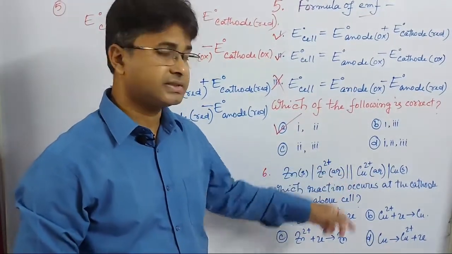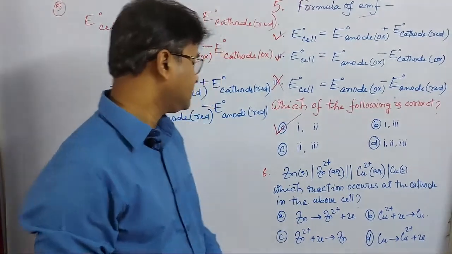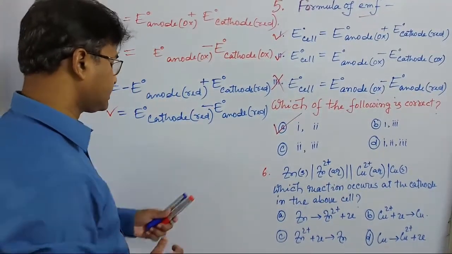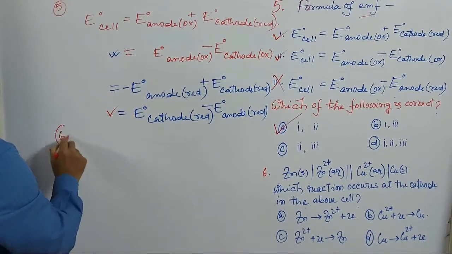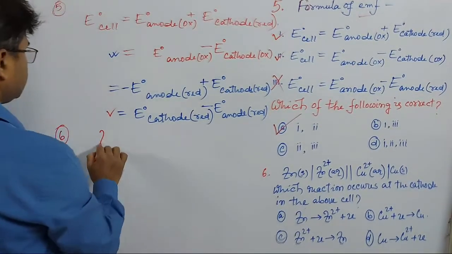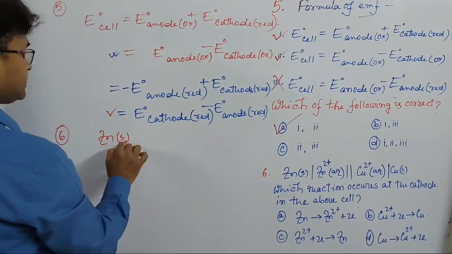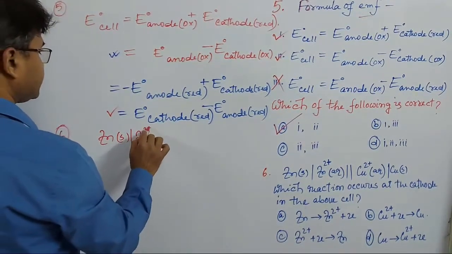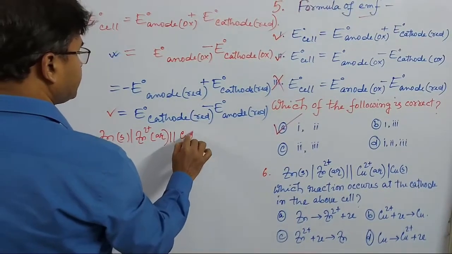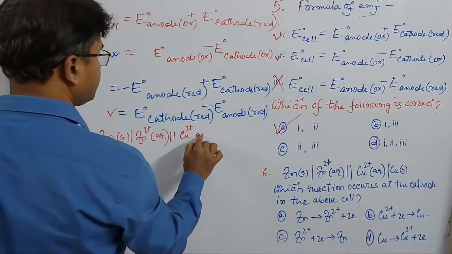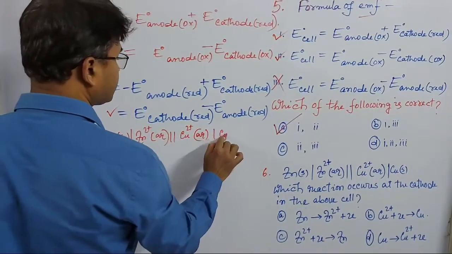That's why two straight lines are given here. Now my question, first I would like to show you the anode and cathode reaction. Here the cell is zinc solid, Zn2 plus aqueous, and copper 2 plus aqueous and copper sulfate.